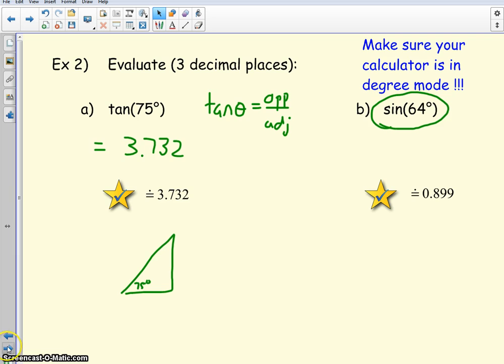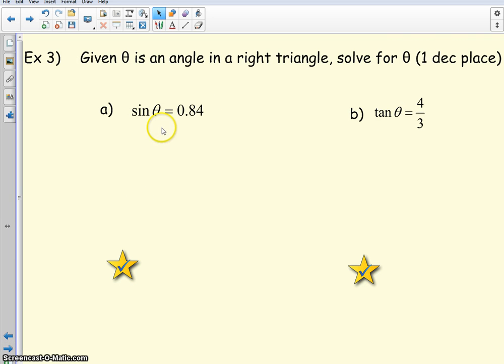Okay, so now, moving forward a little bit more, going backwards, now I'm going to give you the ratio, and I want you to figure out what the angle is. So what I'm being told here is I have a triangle. The ratio between the opposite and the hypotenuse side is 0.84. I want to find out what my angle is, what angle will create that ratio. So in order to solve here, what we need to do is use another new function in your calculator, that's going to be called the sine inverse.